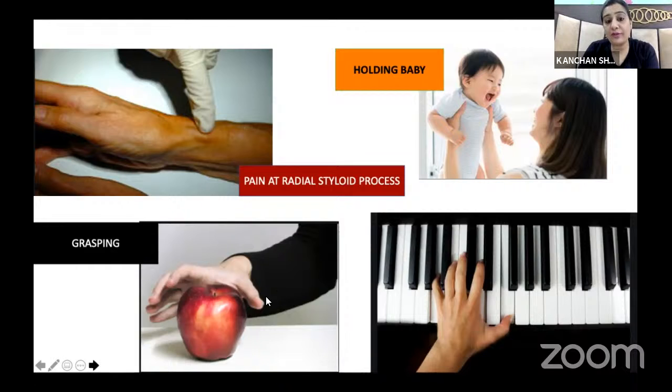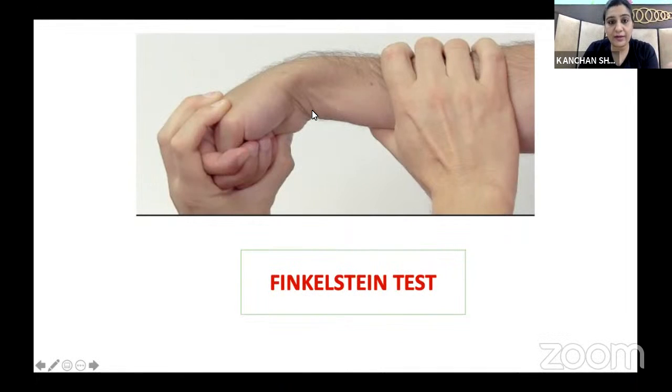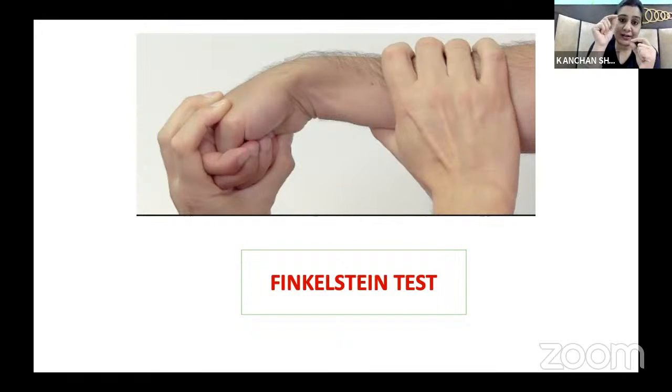And if you go for the Finkelstein test, which I have already described when I was talking about the superficial radial nerve entrapment, so this test is going to, you will have a pain over the radial styloid process. Okay. And if you just look at the anatomy, the superficial radial nerve, it is there in the first compartment, okay, on the topmost side of it.